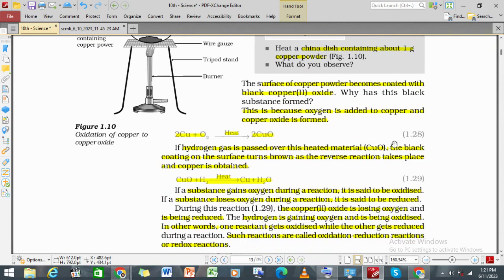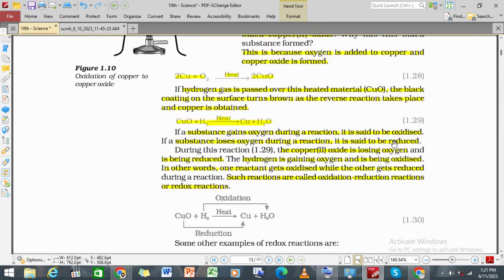If oxygen is added to something, it is known as oxidation, and if hydrogen is added to something, it is known as reduction. Let's study in depth. If we add Cu plus O2, it will give CuO. All right, oxygen is added.